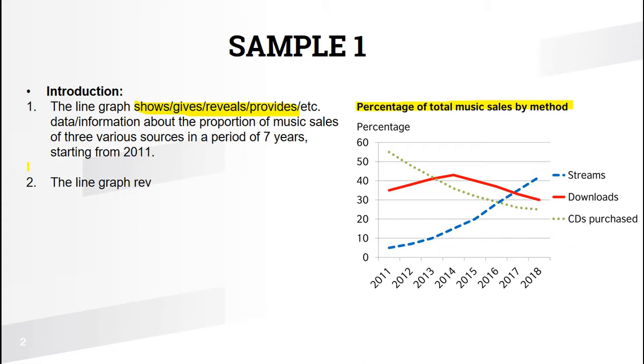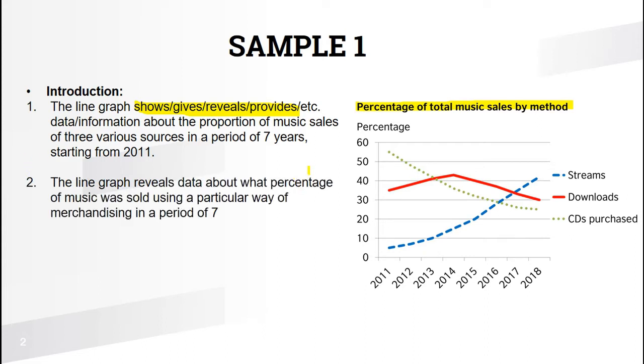The second method is giving a question in a sentence. The line graph reveals data about what percentage of music was sold using a particular way of merchandising. Again, instead of reveals, you can use any verb from here. Merchandising means selling.